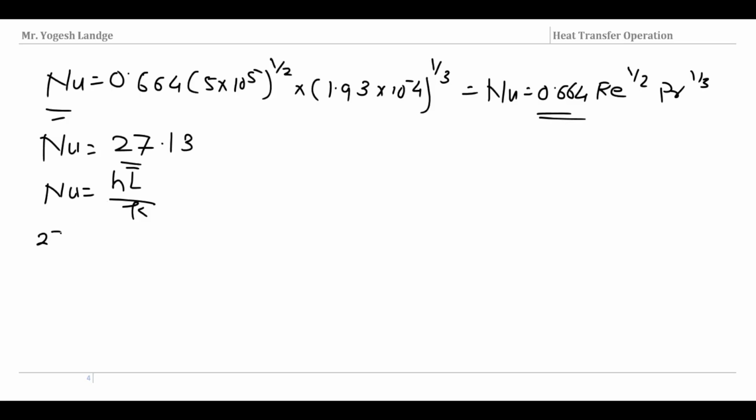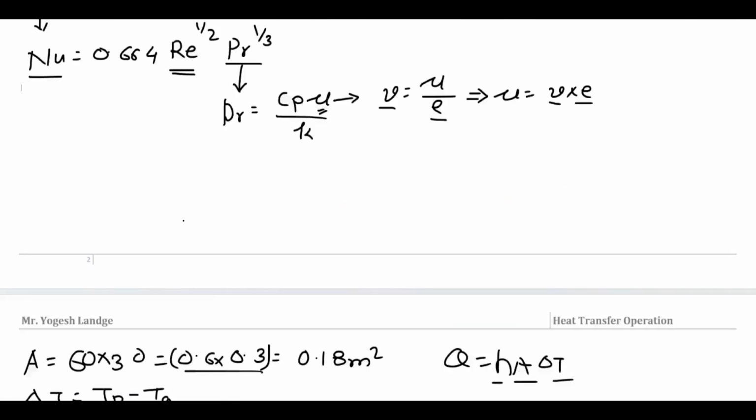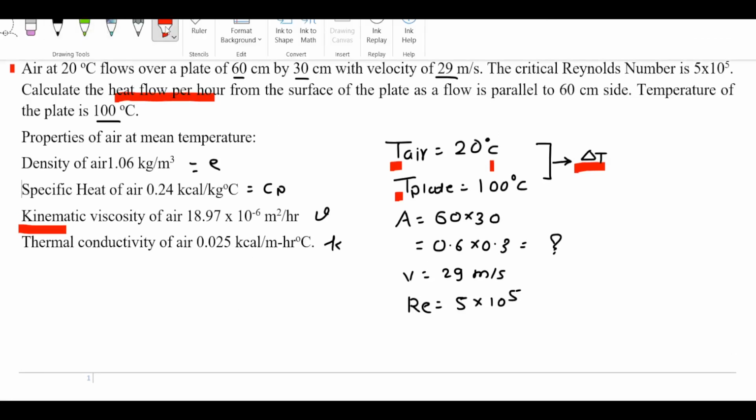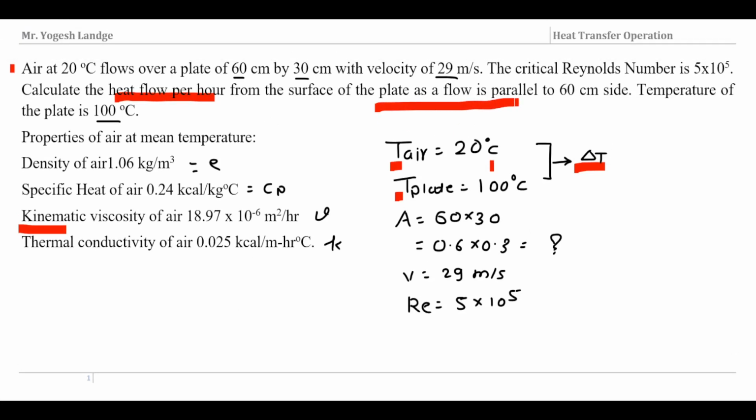So I have 27.13 equal to h, which I need to calculate, into L. The value of L is given, which is 0.6. How do we get the value of 0.6? It is mentioned in the numerical statement that the flow is parallel to the 60 centimeter side of the plate.